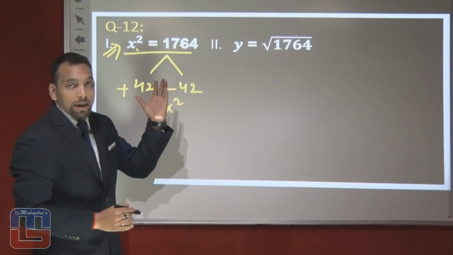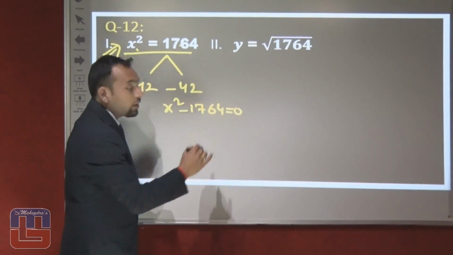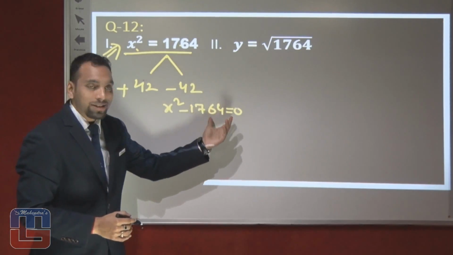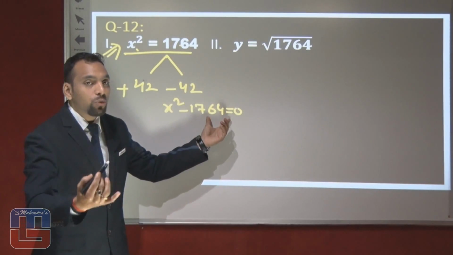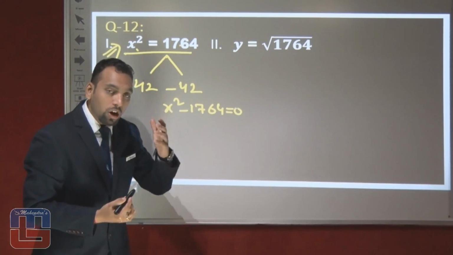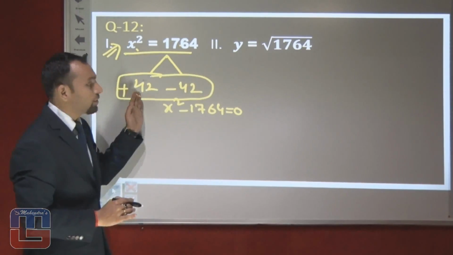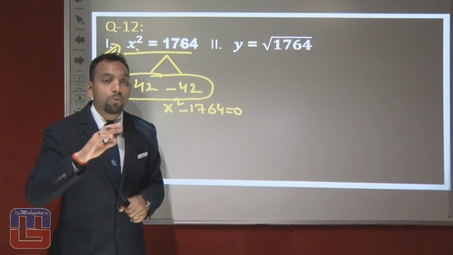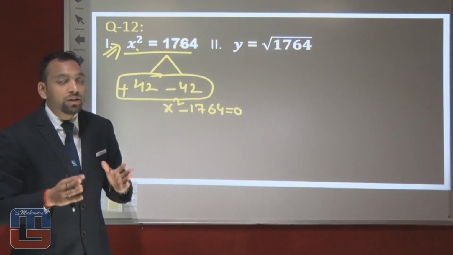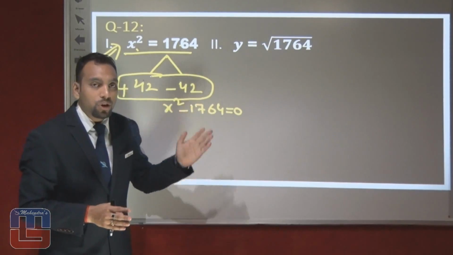If this equation is written as x squared, if you put the value of x as plus 42, it will satisfy this equation, and if you keep the value of x as minus 42, then it will also satisfy the equation, which means in both conditions, plus 42 and minus 42, it is satisfying the equation. So we can say that the value of x is plus 42 and minus 42.